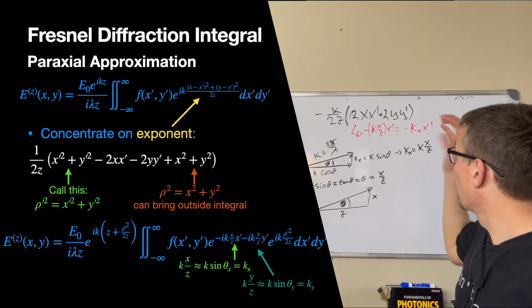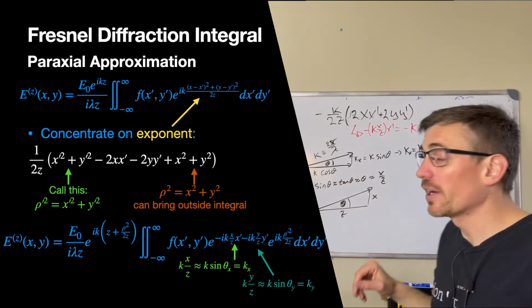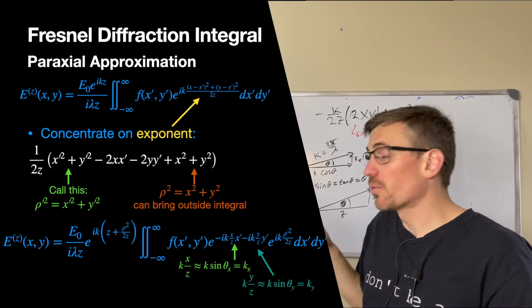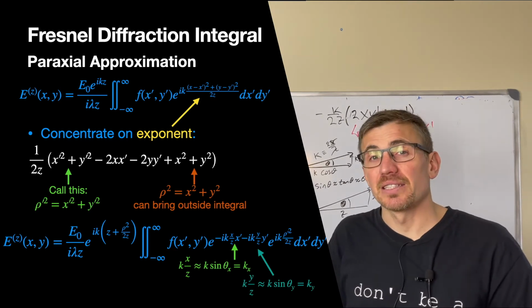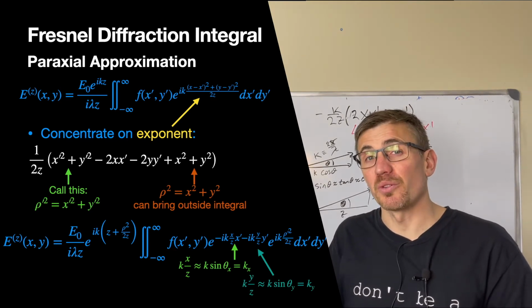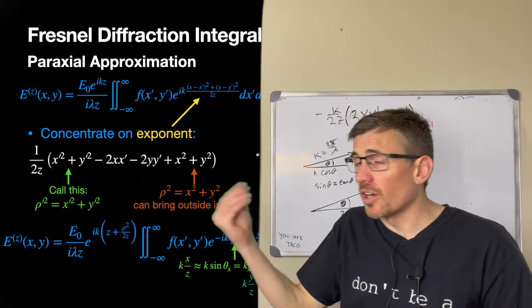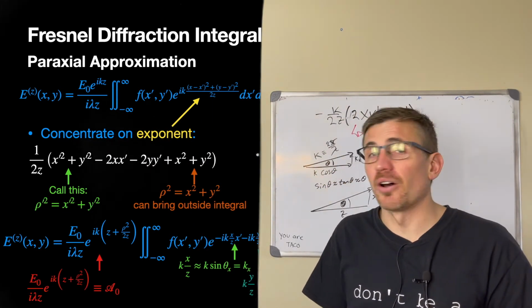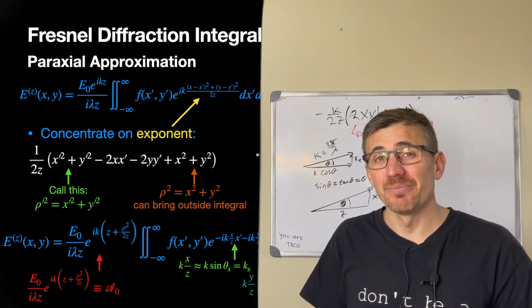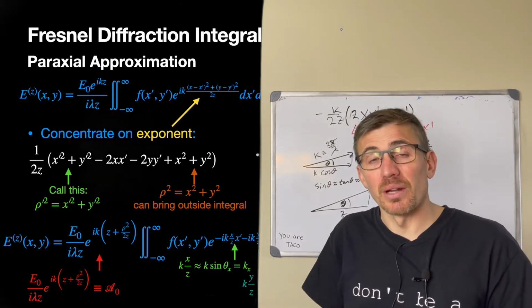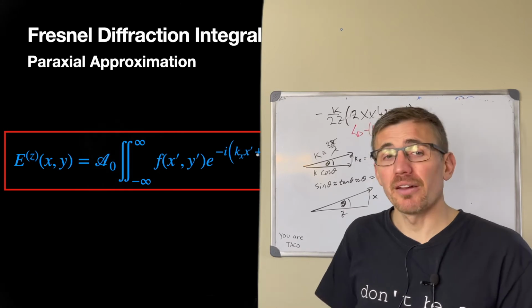But this is actually a very illuminating way of writing this, okay? So we can actually write this integral in terms of kx and ky, which are the spatial frequencies. Let's do that. And all this junk out front, it's just a constant, and we're just going to call it a naught for now, just to keep our math clean. We can plug it back in whenever we want. And let's write what we have here.